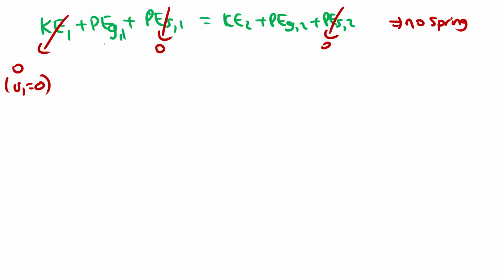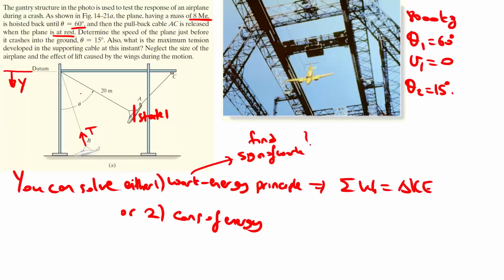And then for potential energy 1 and 2, we need to find y1 and y2. Generally you can take the center of gravity of the body, but let's go this way.